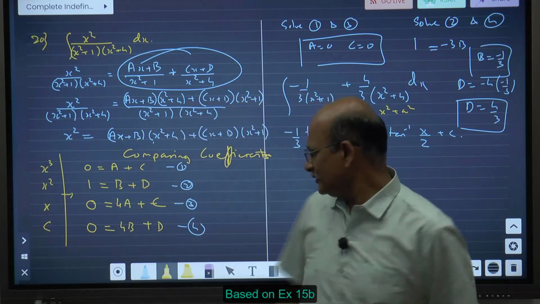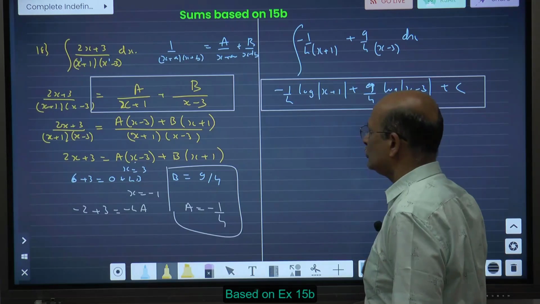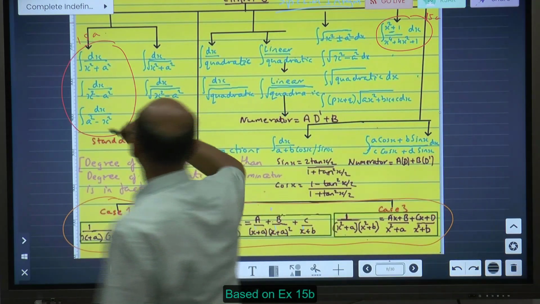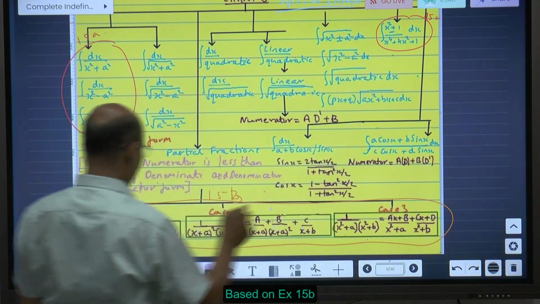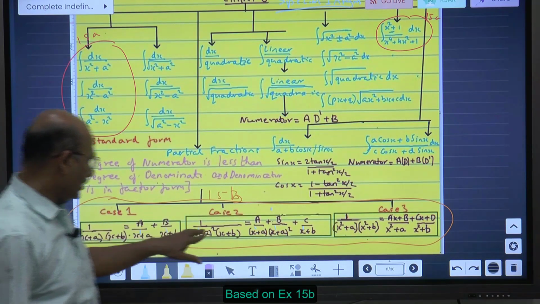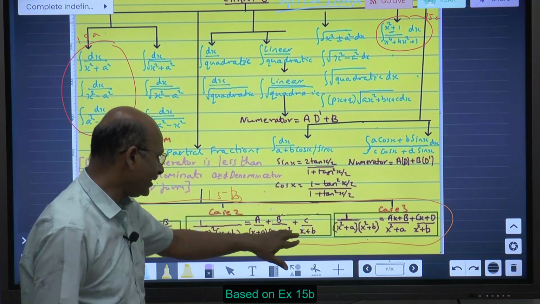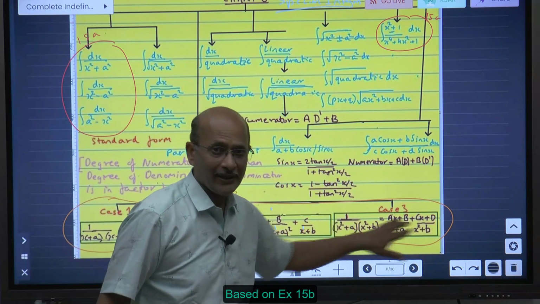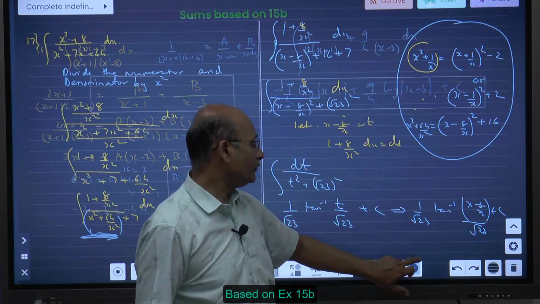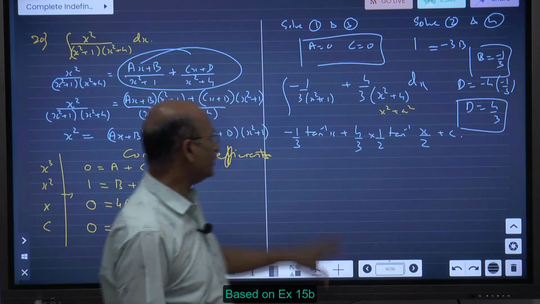So this is what is the partial fraction which I am trying to put across to you all. Okay. So we did this by term, we did 15a, this is 15b. So linear factor, repeated linear factor, how I write it, quadratic factor, how I write it. In the end you are finding A, B, C, D value and working out with this particular thing. So just observe it carefully there.